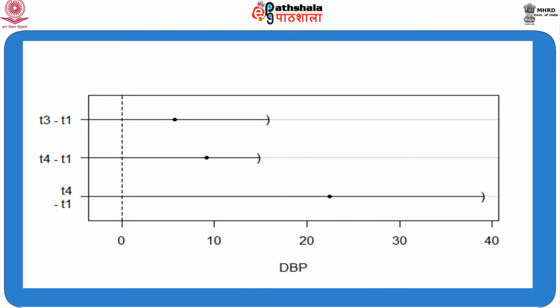Let's see the exact results plotted here. In these last 3 rows, the T3 to T1 difference was 5.73, with upper interval 15.81, whereas T4 and T1 was 9.18 with upper interval 14.85, and the interdifference between T4 to T1 was 22.40 with upper interval 39.08.